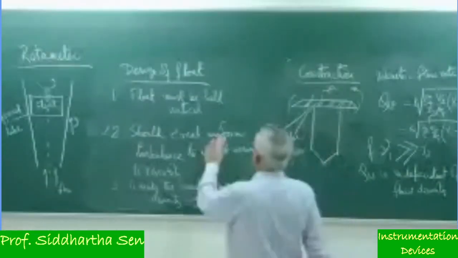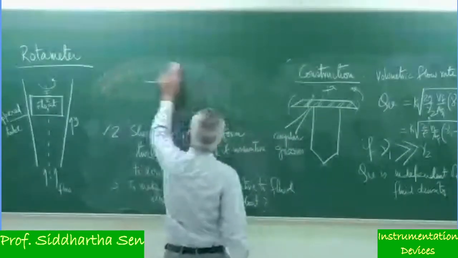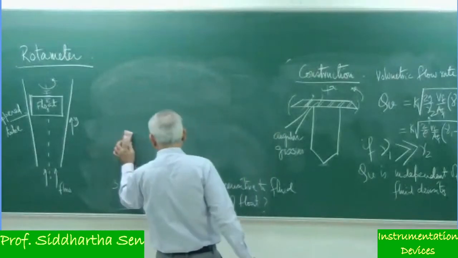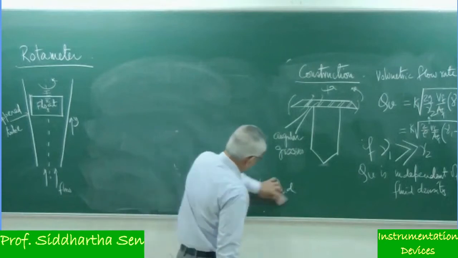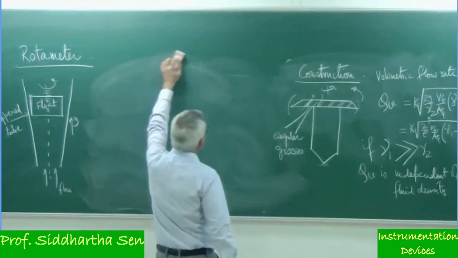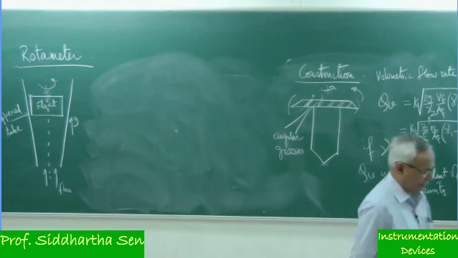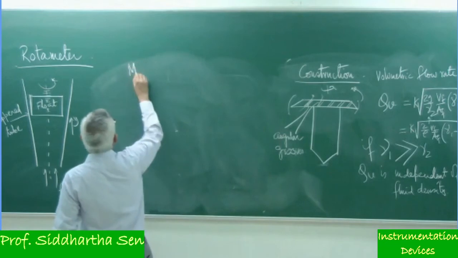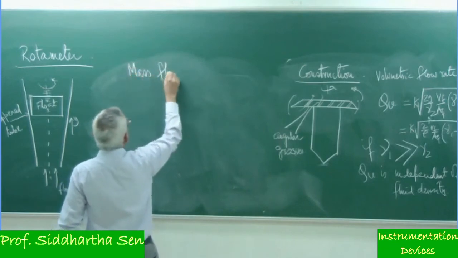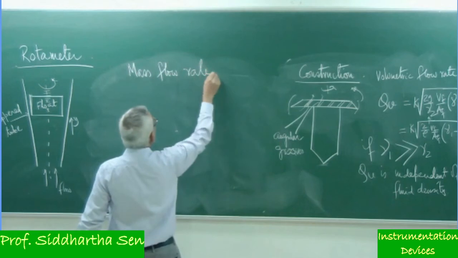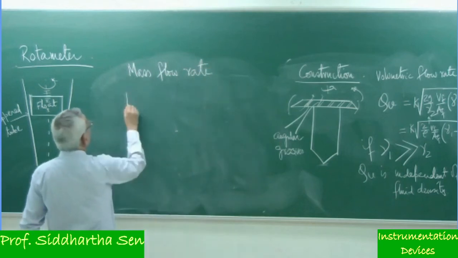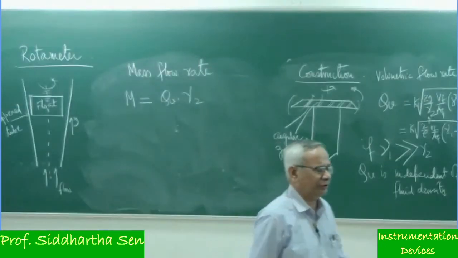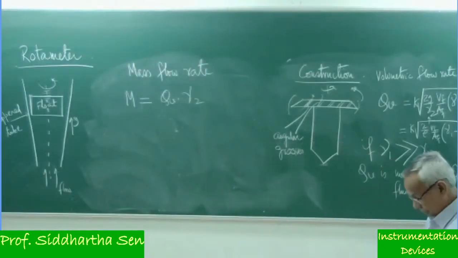Apart from that, because sometimes we call it a volumetric flow rate, but sometimes it is desired to have the output or the reading in terms of what we call a mass flow rate. So, the mass flow rate is nothing but m is equal to the volumetric flow rate into the mass density, it would be gamma 2 there.